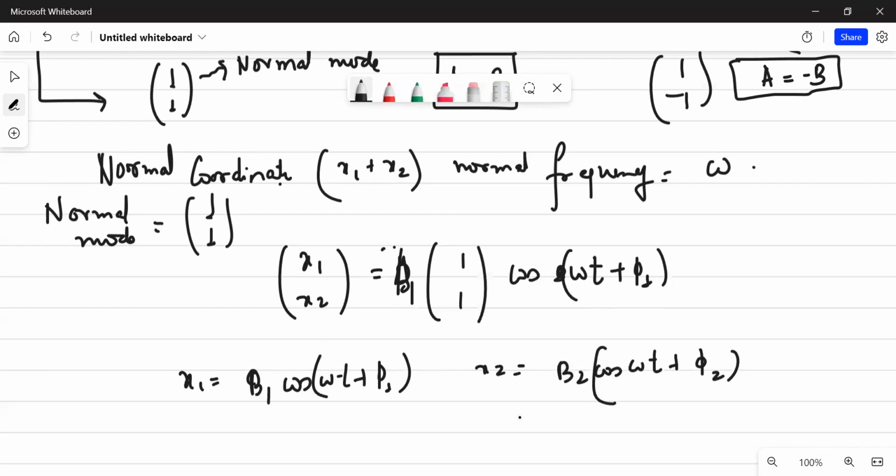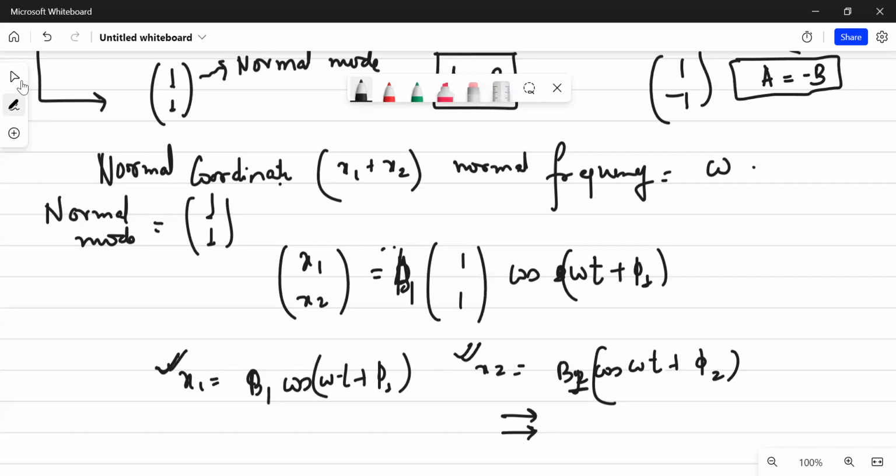It means that both x1 and x2 are traversing in the same direction, oscillating back and forth in the same manner. देखो दोनों oscillations की equations बिल्कुल same हैं. Is that clear or not clear?